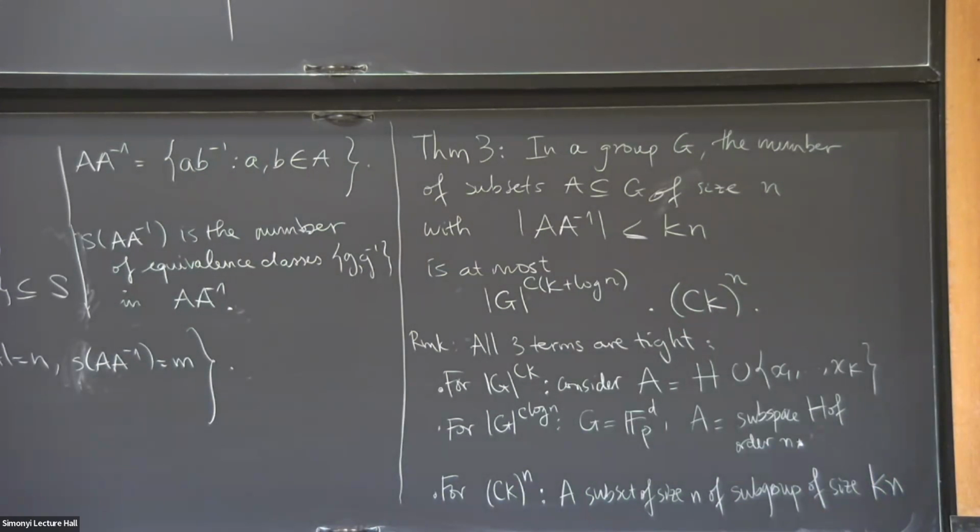The number of such subsets is of order k raised to the n, and such subsets clearly also have doubling at most k. So this tells us that we need all of these three terms in theorem 3. And theorem 3 implies theorem 1, as I have remarked.